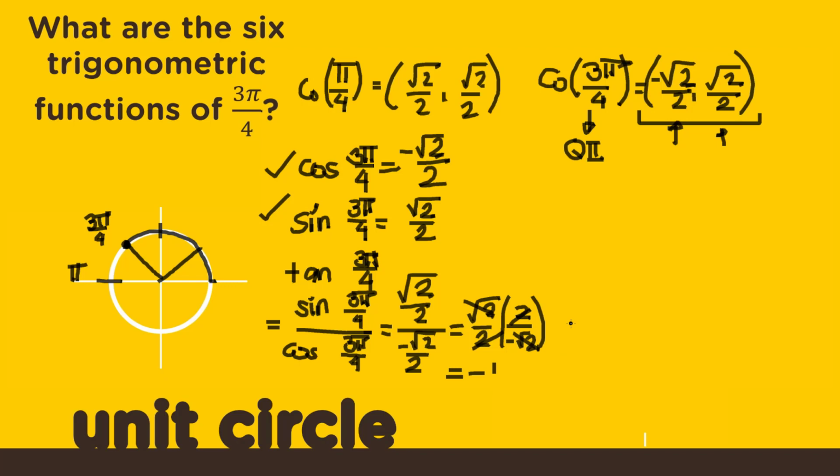Okay? Once you're done with this, you're still solving, but you don't actually need to express the rest in terms of complicated items. Like, for example, cotangent 3 pi over 4 is supposedly equal to the ratio of cosine 3 pi over 4 over sine 3 pi over 4, right?